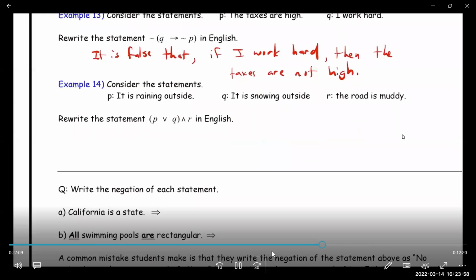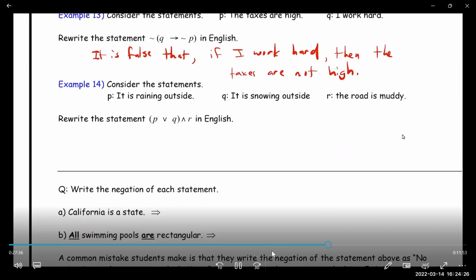All right, let's look at this one. P is, it is raining outside. Q is, it is snowing outside. Then R is, the road is muddy. So now we have to write this. So first, how would we write the P part?